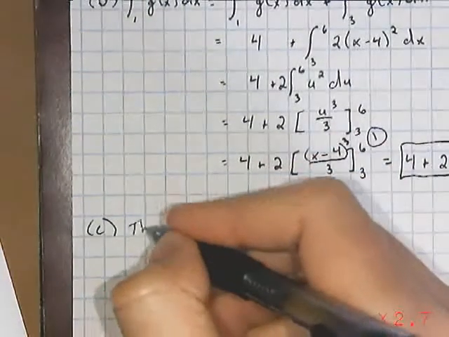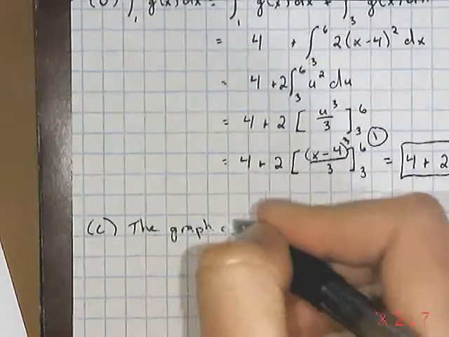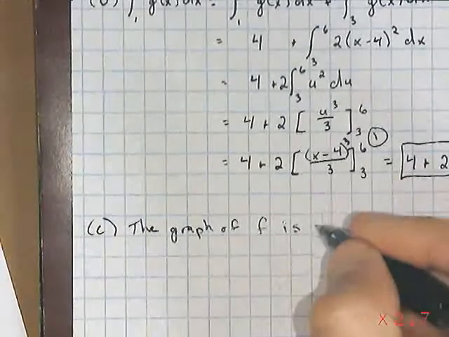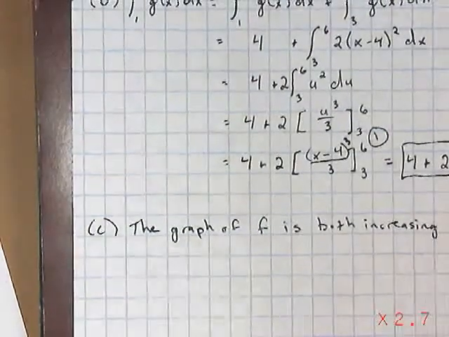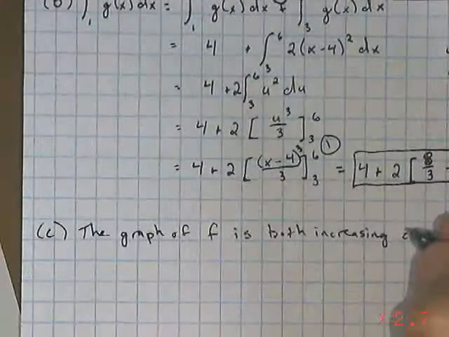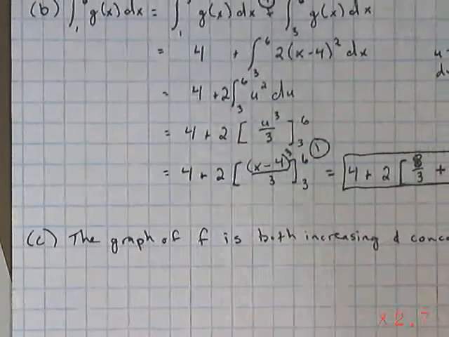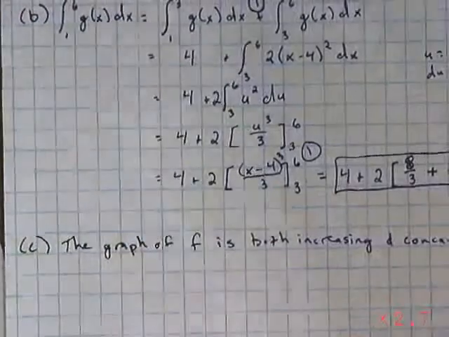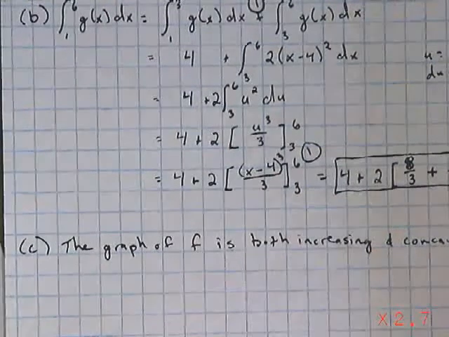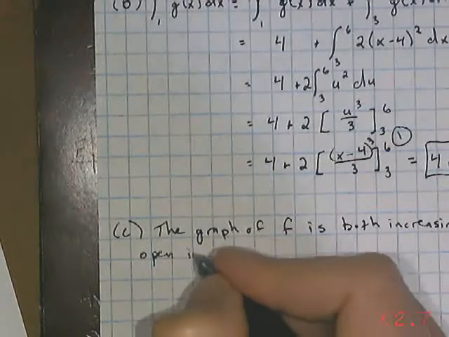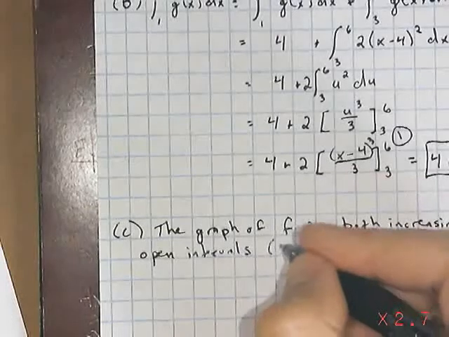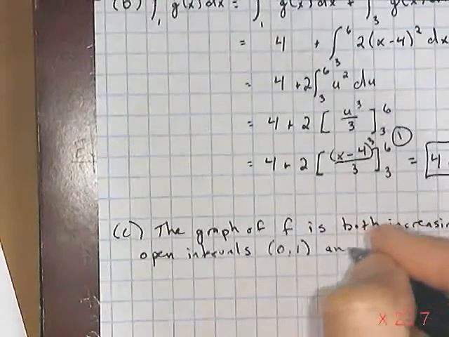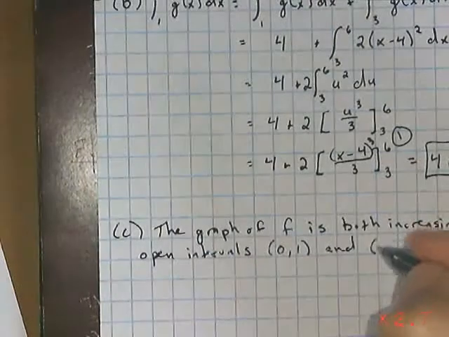the graph of f is both increasing and concave up on the open intervals from 0 to 1 and from 4 to 6.